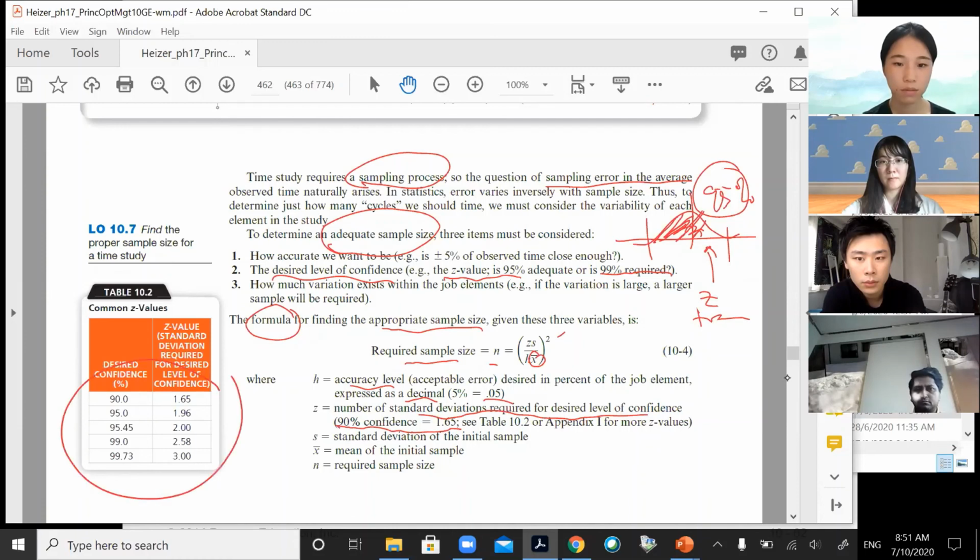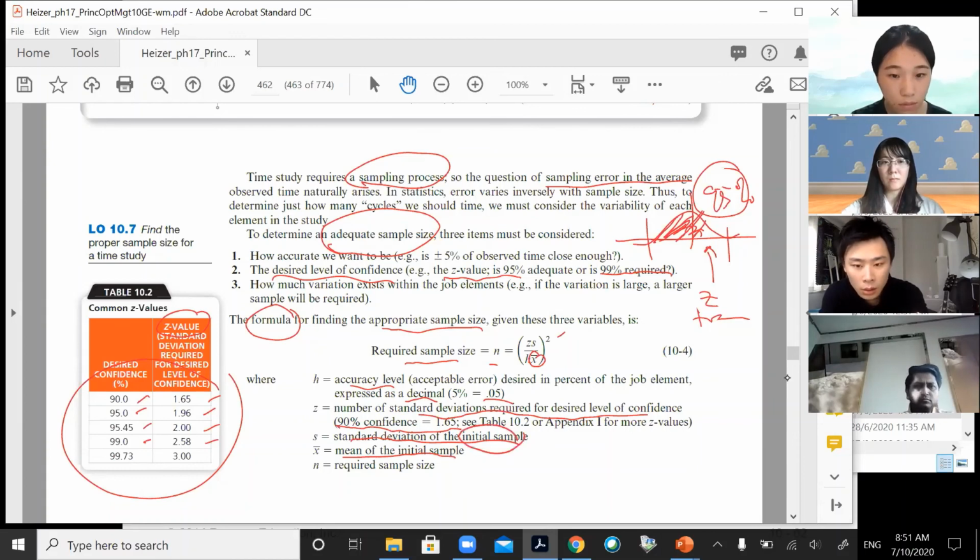It's given here already. If your desired confidence is 90%, Z is 1.65. So this is the Z value, the number of standard deviations required for the percent confidence: 95% is 1.96, 95.45% is 2.0, and 99% is 2.56. And you use this formula. S is the standard deviation of the initial sample.